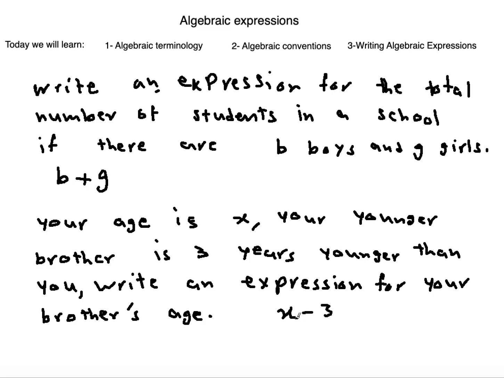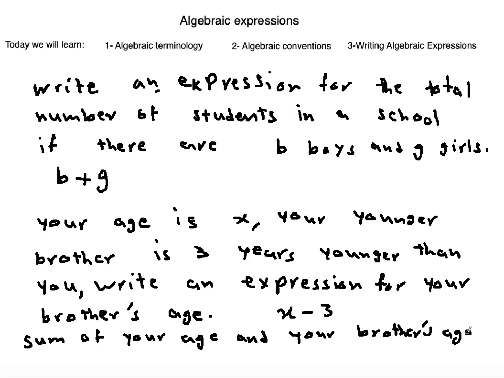Or if they asked us to write an expression which shows the sum of your age and your brother's age. Sum means add. So your age is X, so we got to add your age and your brother's age.